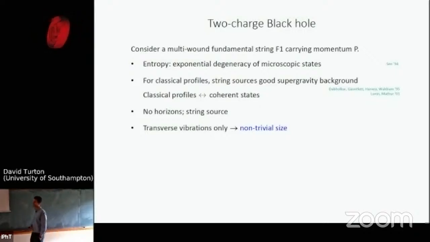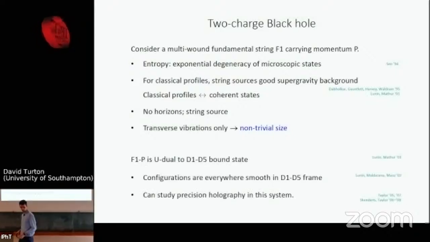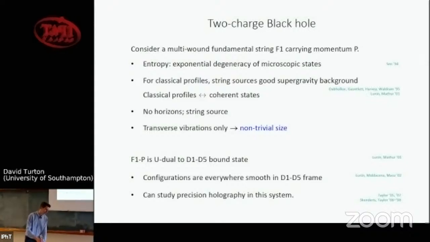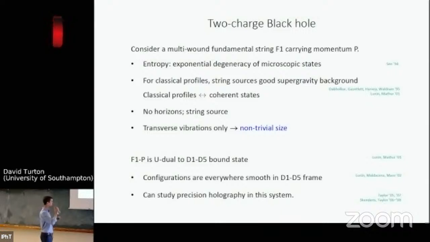These solutions don't have any horizons. There is a physical source at the location of the string. And the string has to carry its momentum in transverse vibrations. It's a fundamental string, so the system occupies a non-trivial size. The F1P configuration is dual to D1D5.